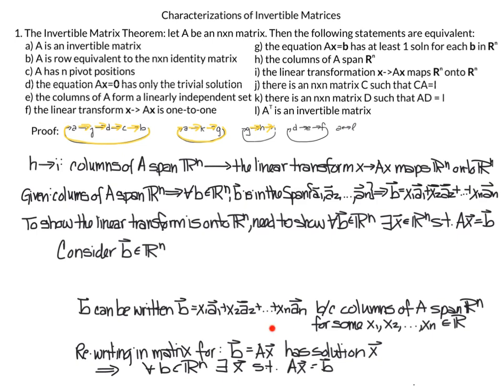So that means there is the solution X that we get from our linear combination that will solve our equation B equals AX. And therefore, for B in Rn, there exists an X such that AX equals B.